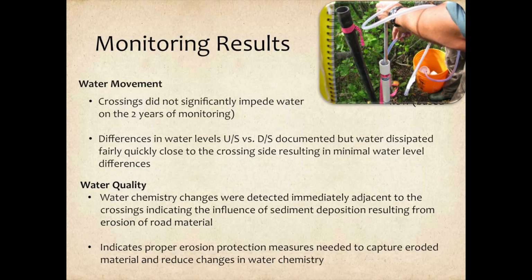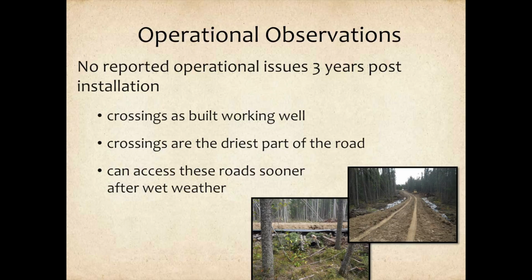So it was very localized, and it tells us that you really need to think about good erosion protection. And one example that I think is a good one is you just extend your geotextile out a little bit farther from the road.